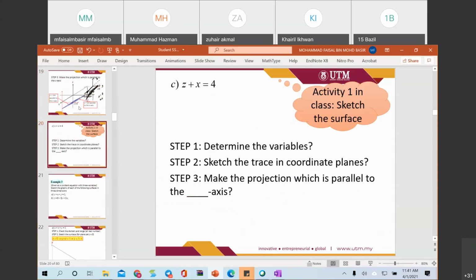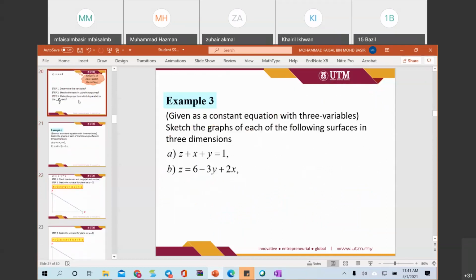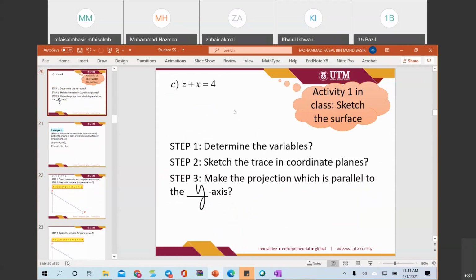Okay, next, z plus x equals 4. Determine the variable. Which one is missing? The y. So here, y will be free. So with z plus x, y is 0, there will be z and x.